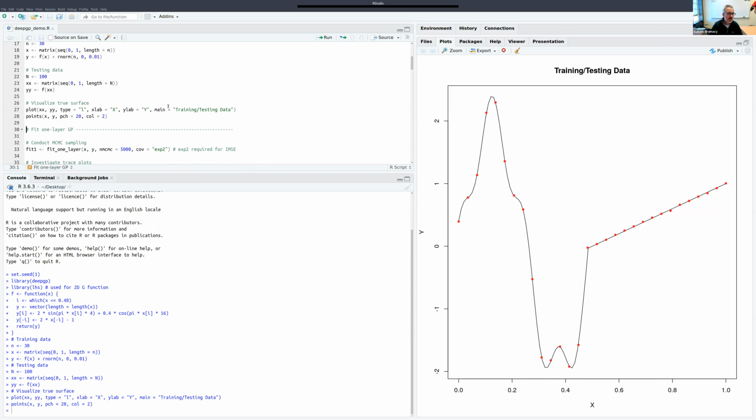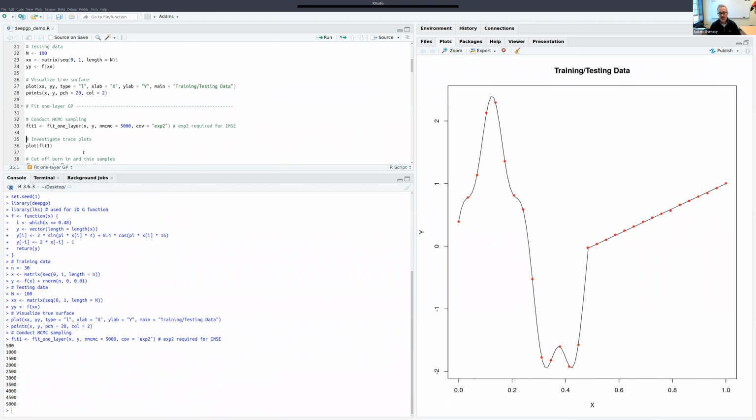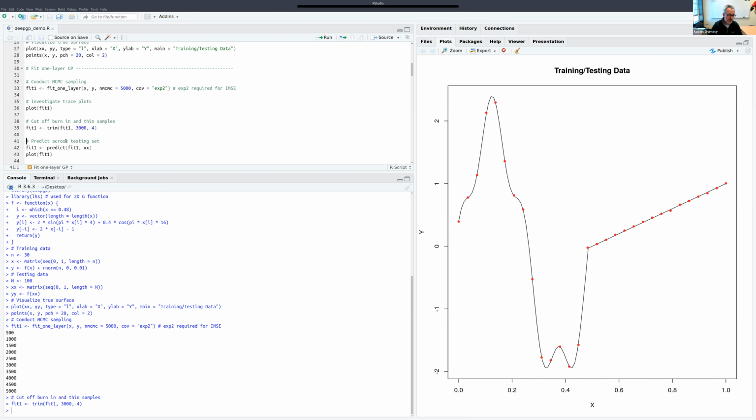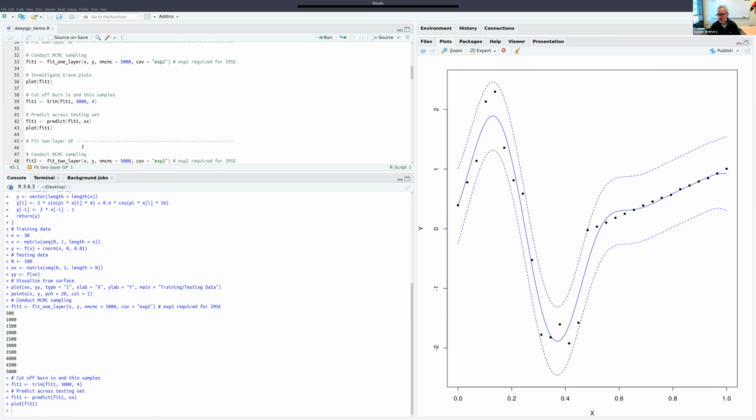Before I fit a deep Gaussian process, I'm going to fit an ordinary Gaussian process, which in our software is called fit one layer. A one layer deep Gaussian process is the same as an ordinary Gaussian process. And then I'm going to do some prediction and then plot the predictions for you.